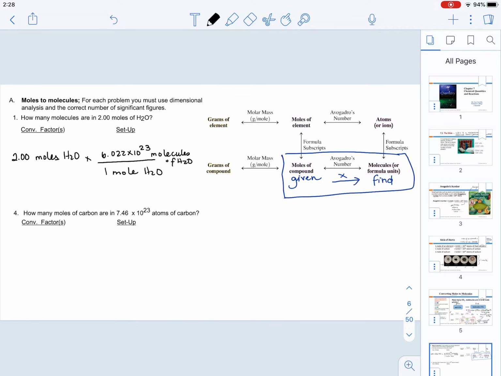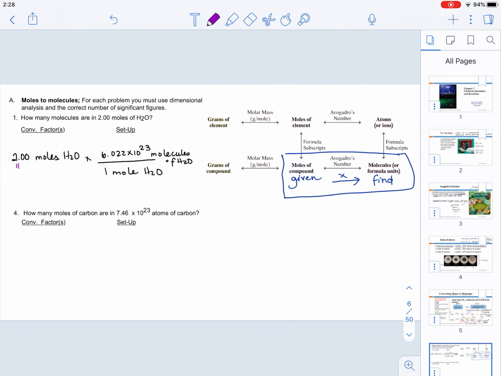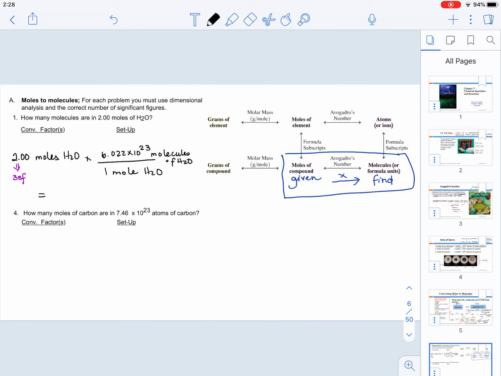When I do this operation, 6.022 times 10 to the 23rd times 2, and round to 3 sig figs, I have as a final result 1.20 times 10 to the 24 molecules of H2O.